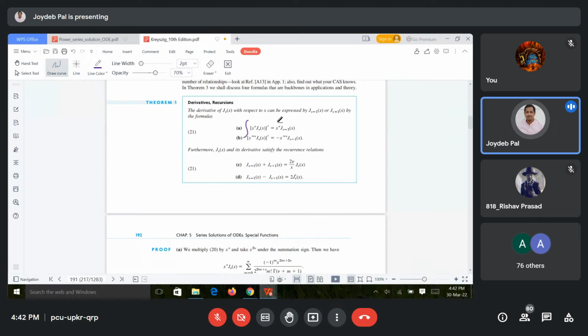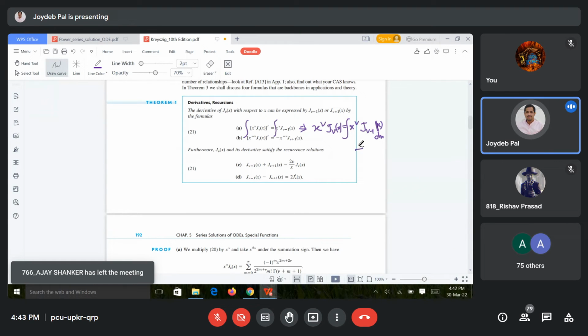I am taking integration both sides. So after taking integration, left side will be x to the power nu J nu x, and right side will be in that form, integration x to the power nu J nu minus 1 x dx. And since we are integrating, we are taking an arbitrary constant.